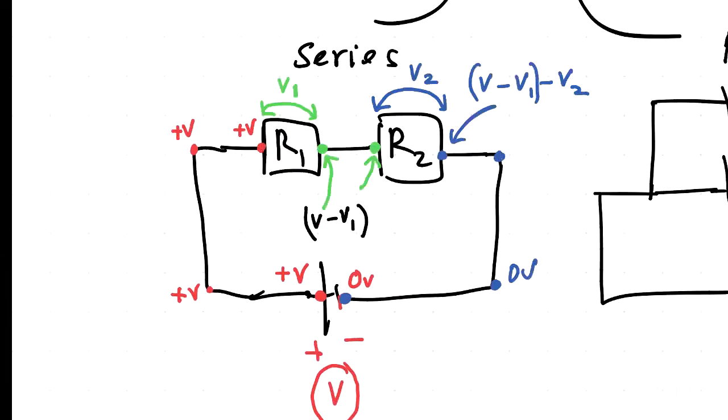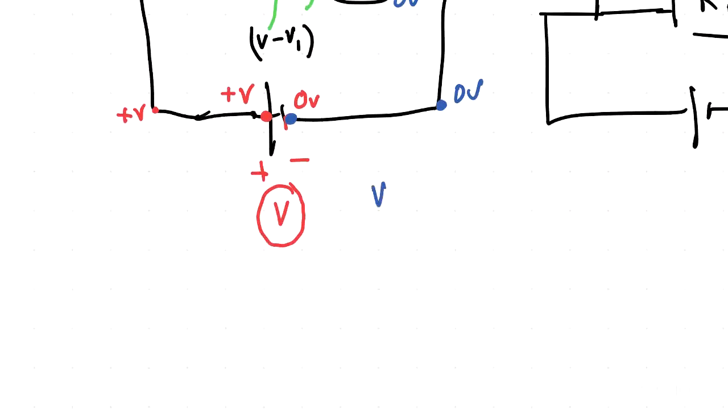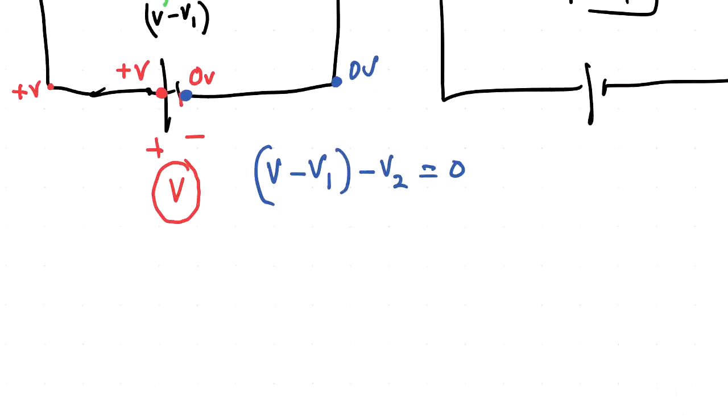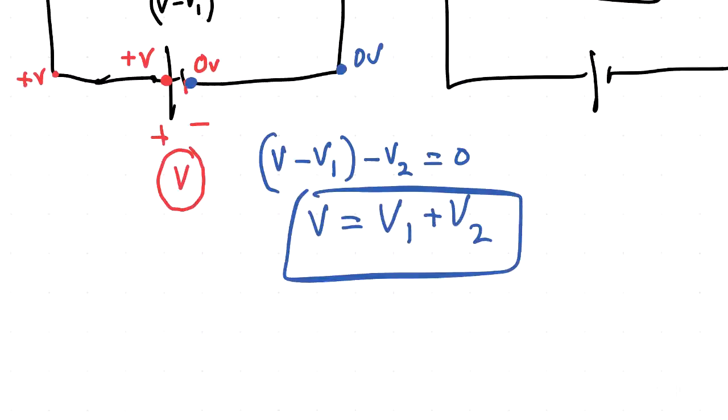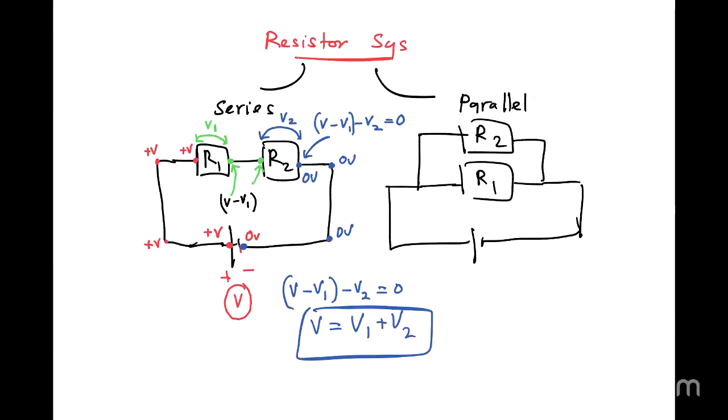So this is going to be 0, this is going to be 0, this is going to be 0. Which means we can relate this string to be 0. So if we take V minus V1 minus V2 equals 0, then you can see the total voltage is going to be V1 plus V2, right? That is the simplest way that I can explain it.